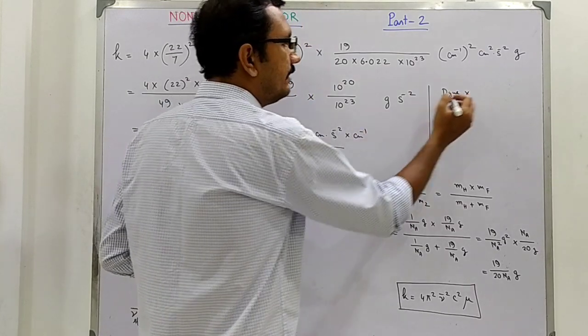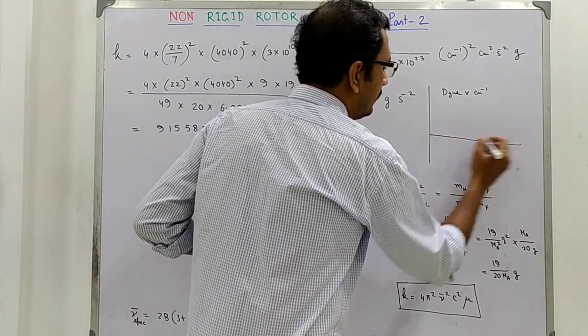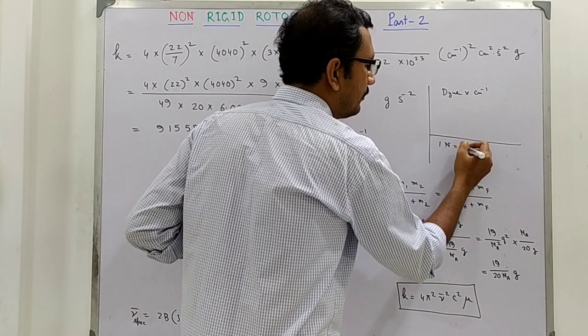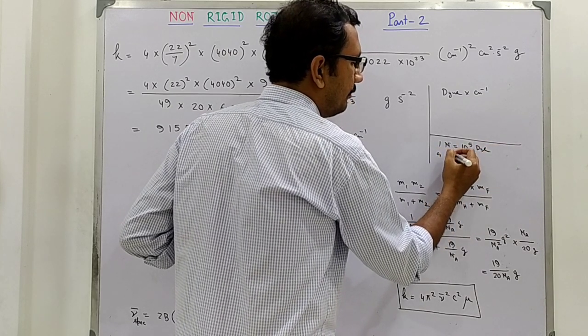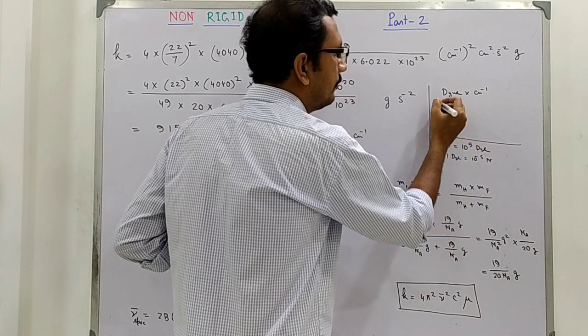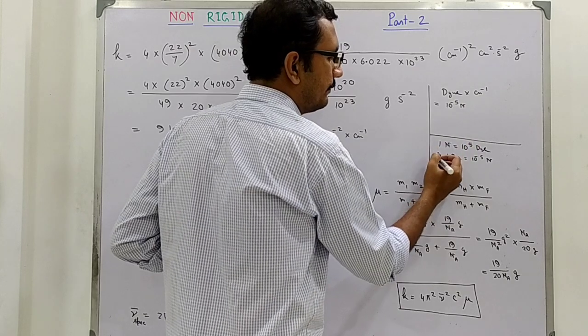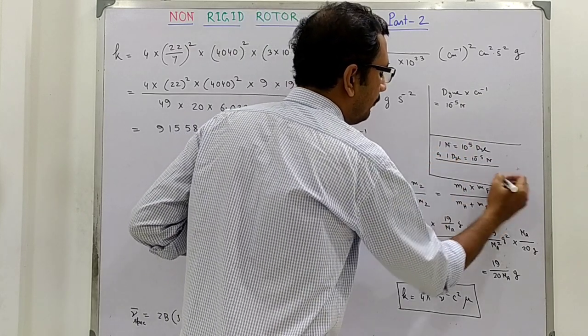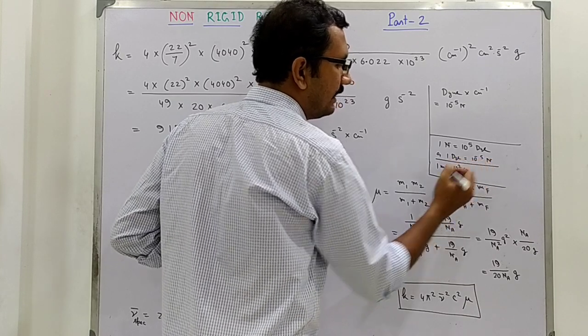And see this centimeter inverse. Now we know that 1 Newton equals 10 to the power 5 dyne. So what will be the value of one dyne? One dyne will be 10 to the power minus 5 Newton. So we put here 10 to the power minus 5 Newton. Again we know 1 meter equals 10 to the power 2 centimeter.